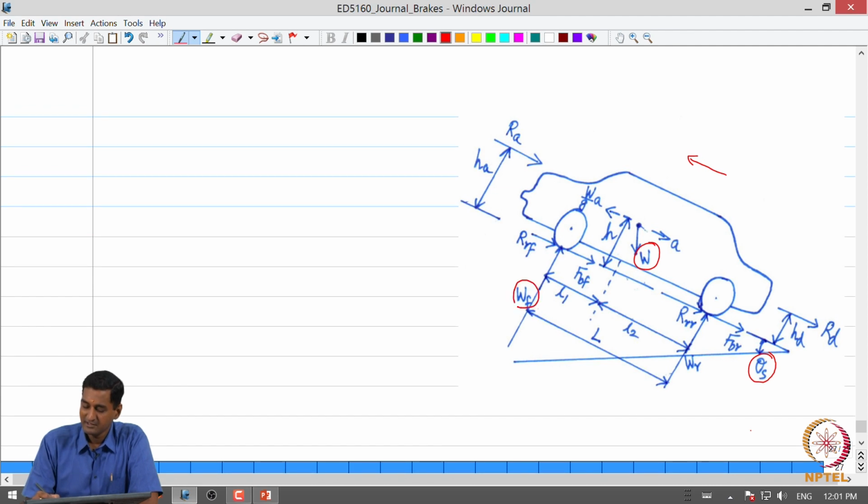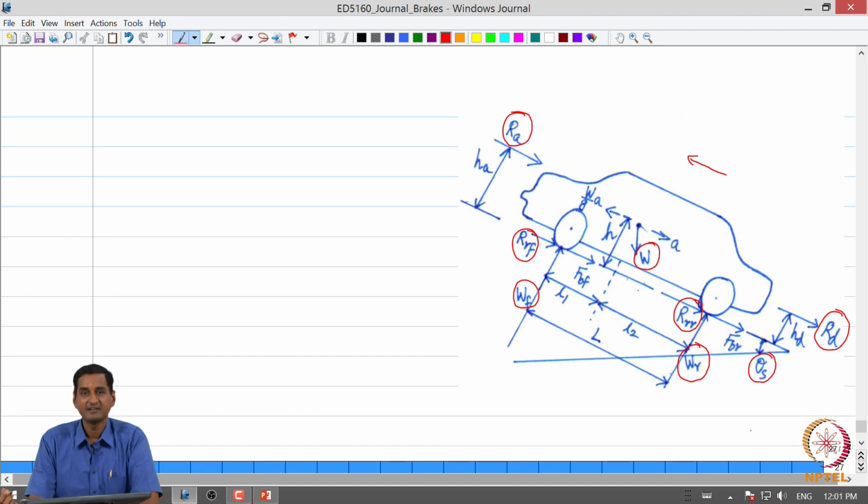WF and WR are the normal loads at the front and the rear wheels respectively. RA is the aerodynamic drag, RD is the drawbar pull, RRF and RRR indicate the rolling resistance at the front and the rear wheels respectively.